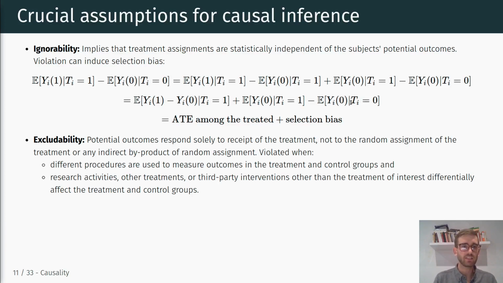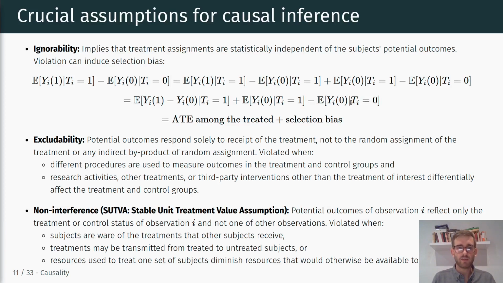So it is violated, for example, if different procedures are used to measure outcomes in the treatment and control groups, and/or if research activities, other treatments, or third-party interventions other than the treatment of interest differentially affect the treatment and control groups. Okay, so excludability is violated if something else is going on that is not directly part of the treatment, but that still affects the outcome that we're interested in. Okay.